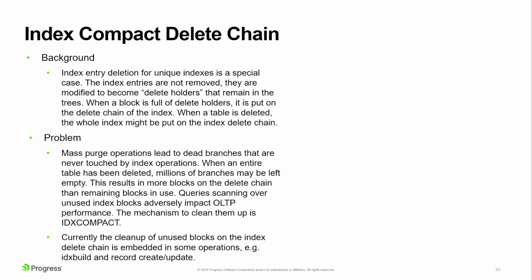And queries scanning over unused index blocks will adversely impact the OLTP performance. The mechanism we use to clean them up is index compact. Currently, the cleanup of the unused blocks on the index delete chain is embedded in some operations like index build and record create and update. So we chip away at it over time.